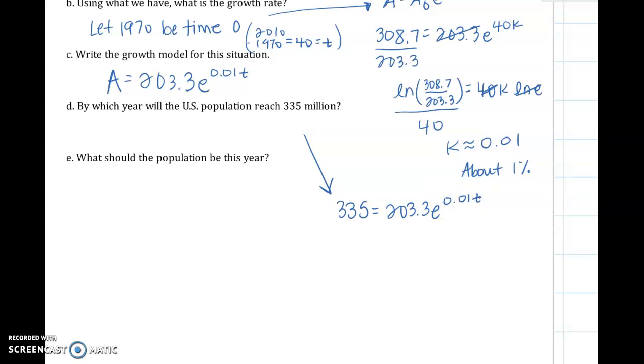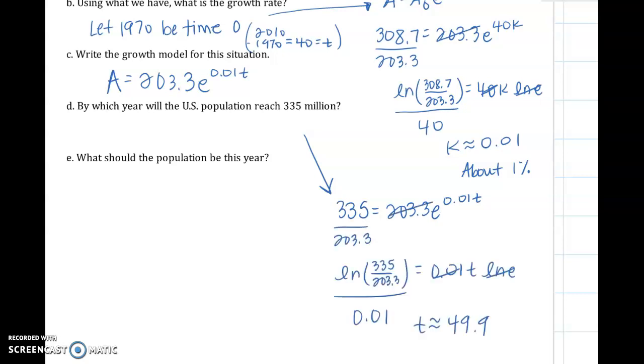Pause the video and take a second to solve this equation using logs. When you solve this, you isolate the piece with the exponent to get t to be approximately 49.9, which is approximately 50 years. If I add 1970 plus those 50 years, I get approximately 2020. So that's when that should happen.